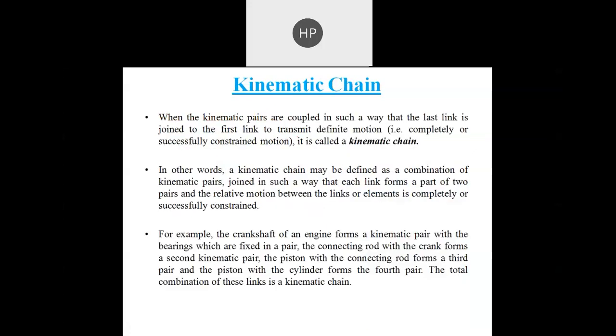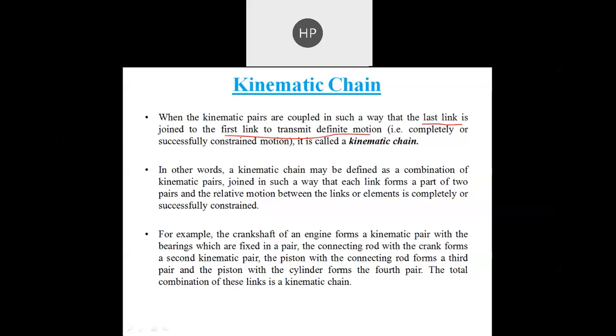So this is what we talked about earlier, and then we started our discussion on the kinematic chain. When kinematic pairs are coupled in such a way that the last link is joined to the first link to transmit definite motion or power or force, that is known as a kinematic chain.